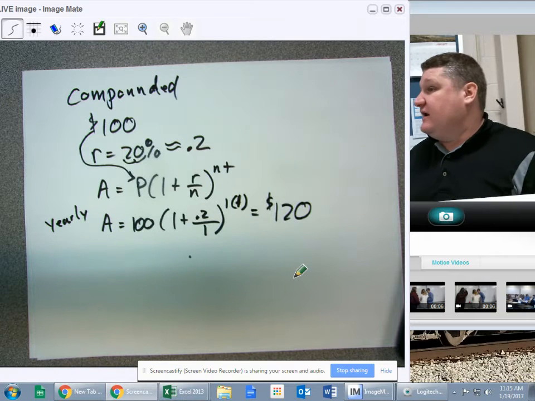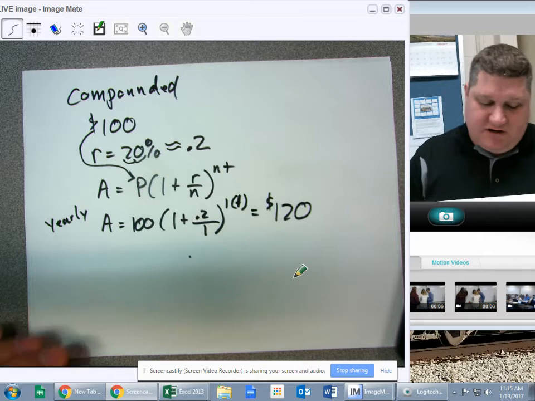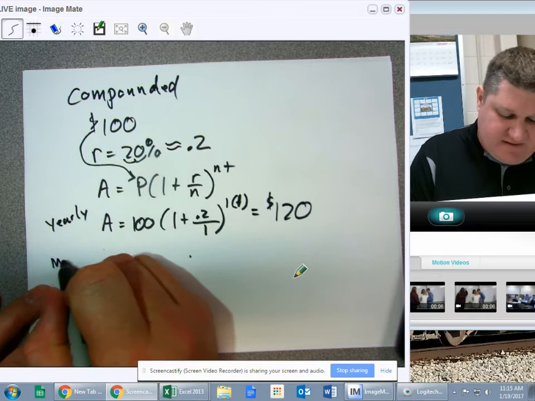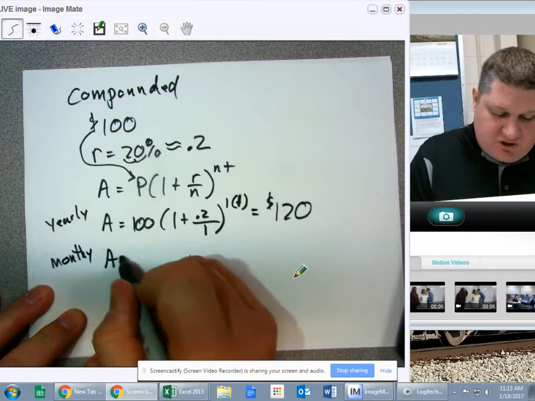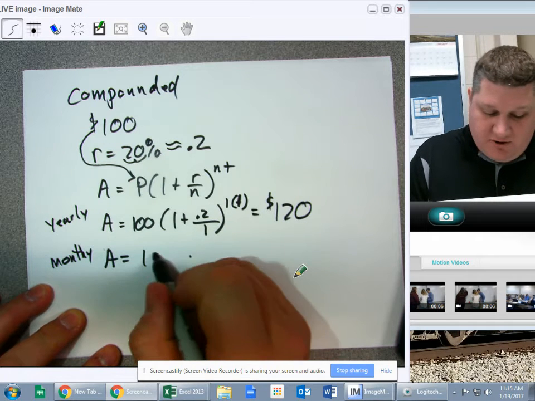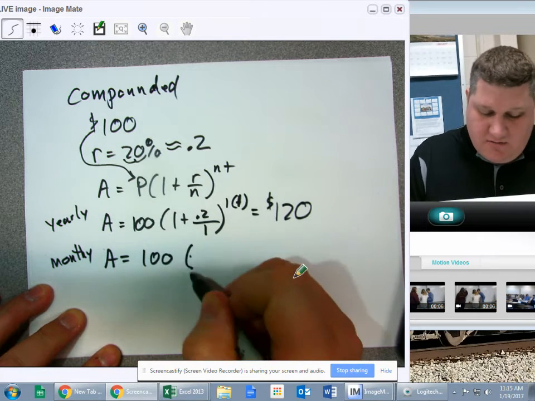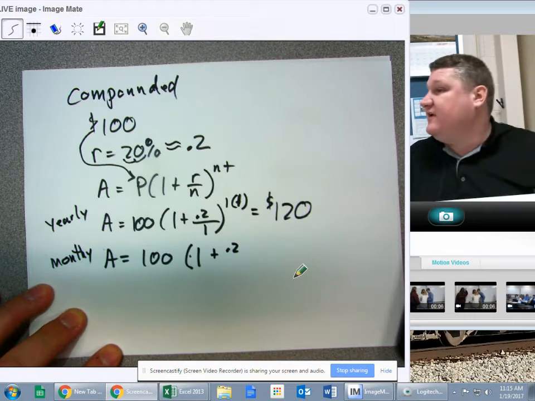So I put it on a credit card, but it's a fancy credit card that only charges me interest once a year, $120. Unfortunately, that's not how credit cards work. Credit cards charge you every month, don't they? So $100, and it's 1 plus, the rate is still 20%.